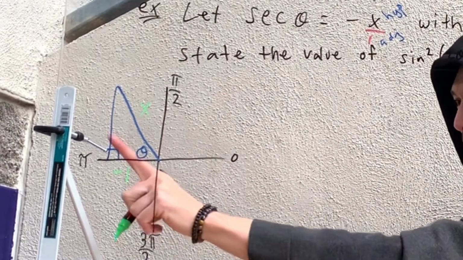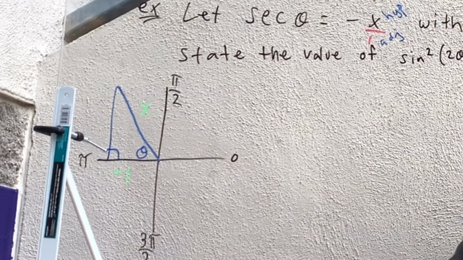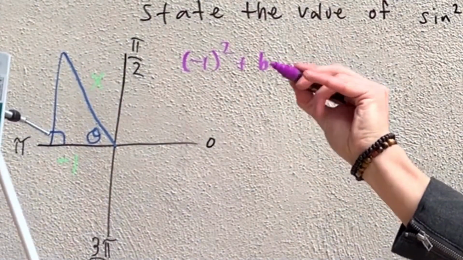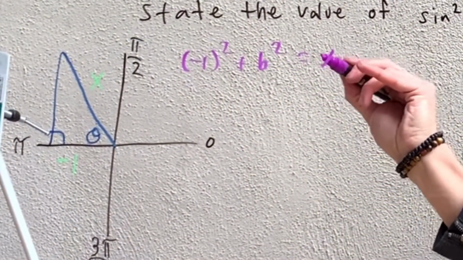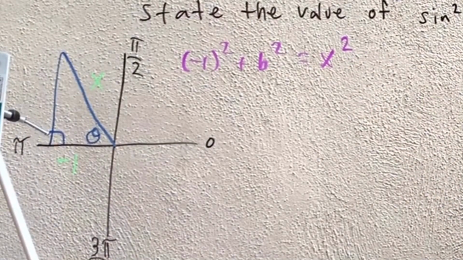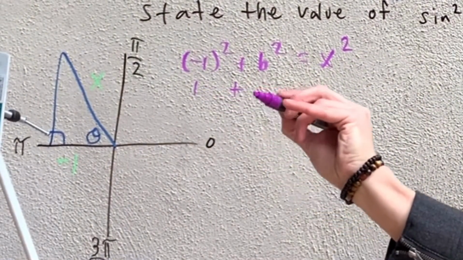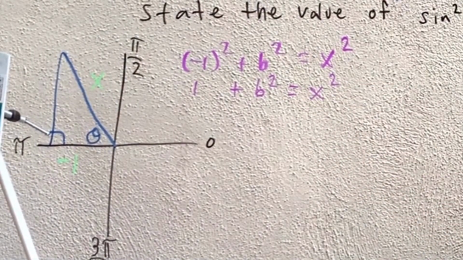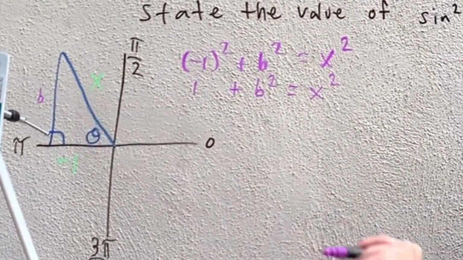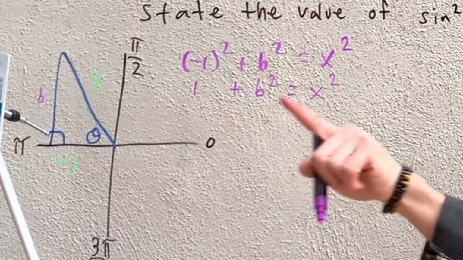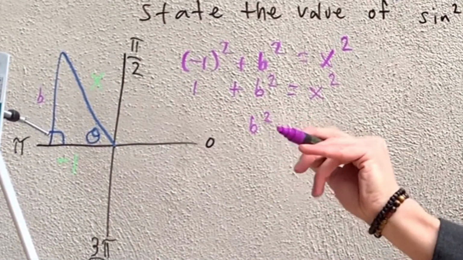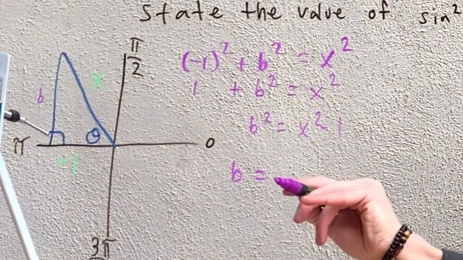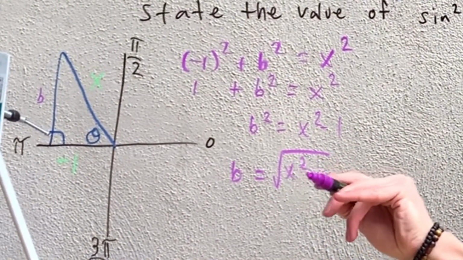Now, let's find the missing piece with Pythagorean theorem. So we have a squared plus b squared equals c squared. So this is 1 plus b squared equals x squared. Now again, we're trying to find the value of b. So let's solve for b. Subtract 1 from both sides. And then of course, square root both sides.